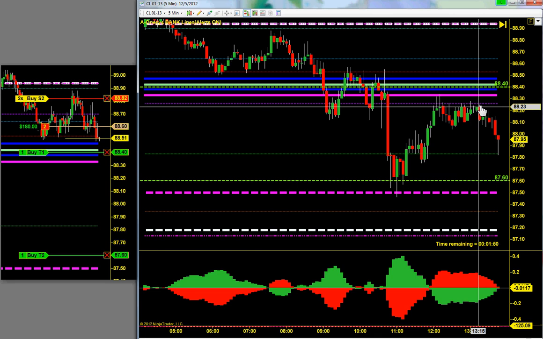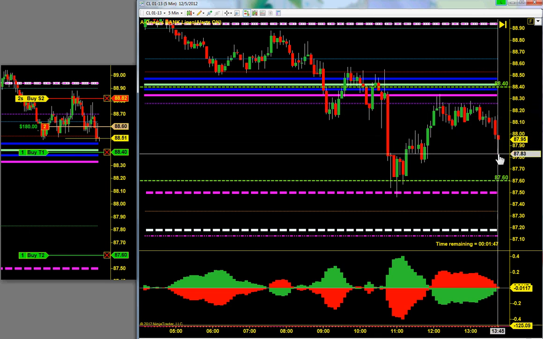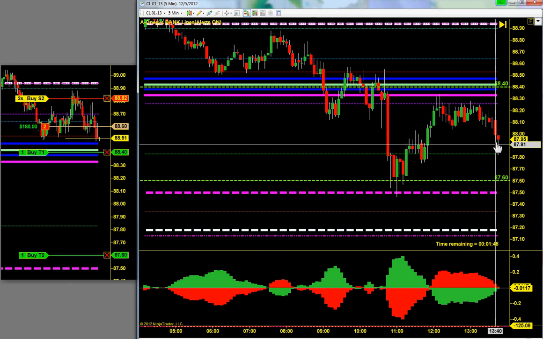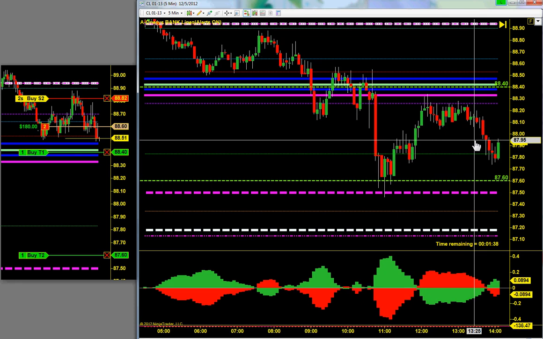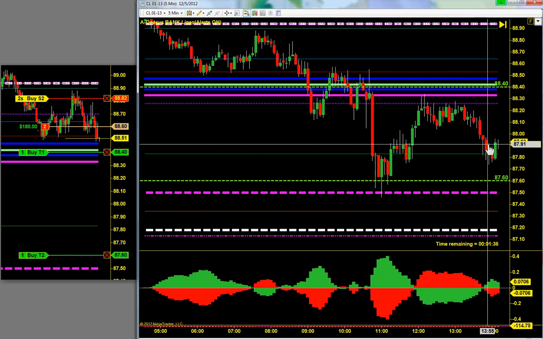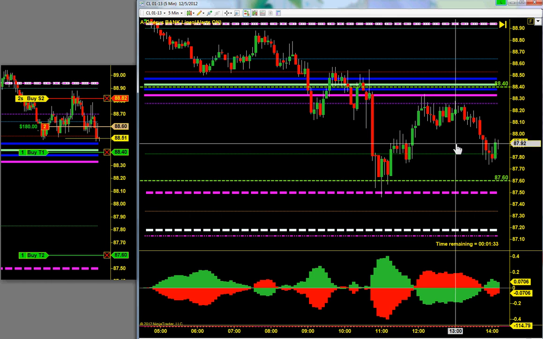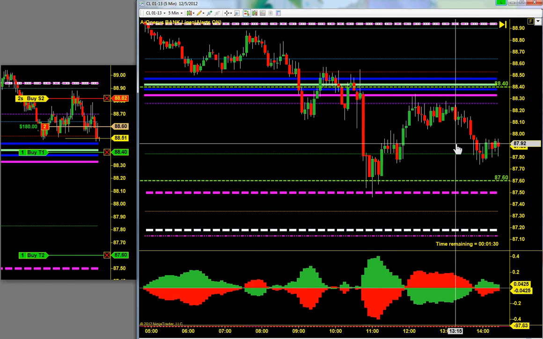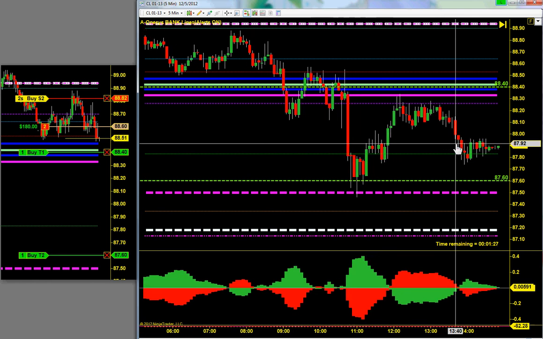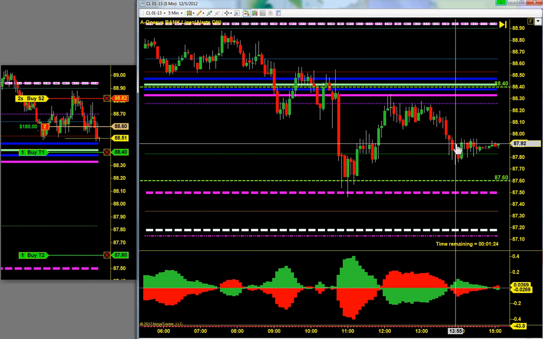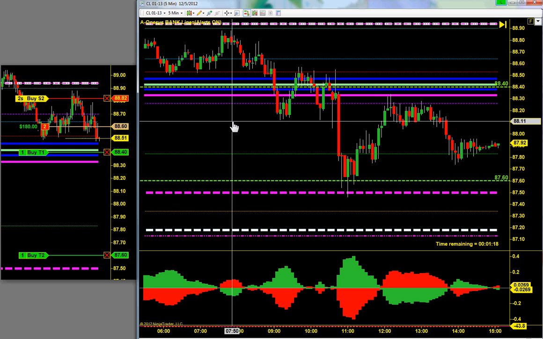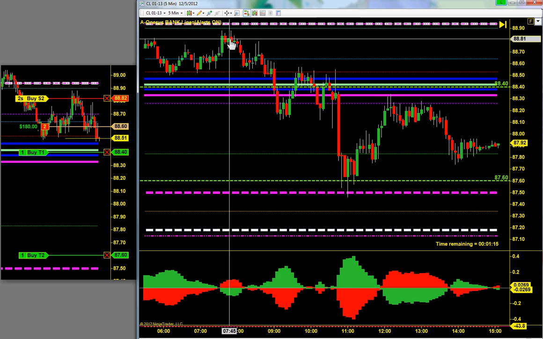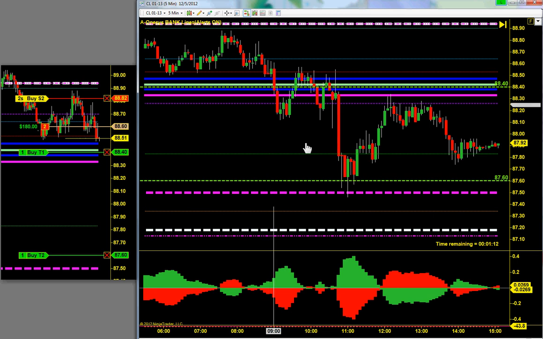Alright, so this trade has made me 15, 20 and 100, 130 ticks, sorry, not 13, 130 ticks, which is equal to $1,300 with two contracts, sorry.